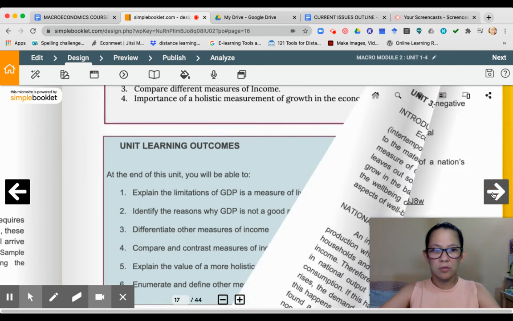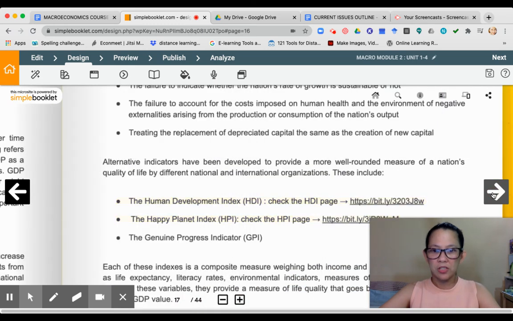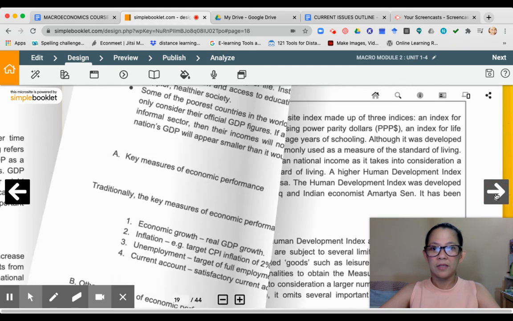So I also included other measures that would enhance the understanding of national growth or economic growth and development. I included here the Human Development Index, or HDI, the Happy Planet Index, and the Genuine Progress Indicator. These are discussed in here, and your task is also to understand and differentiate each one from the other.